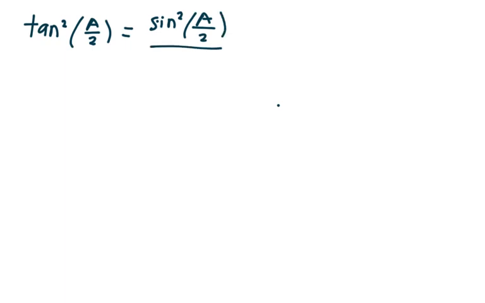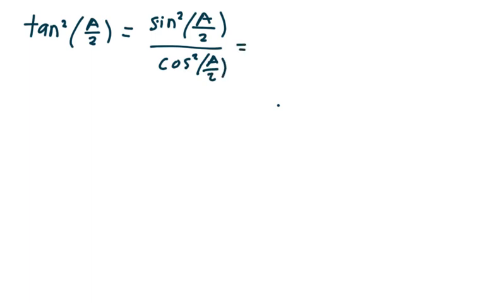And so over here, if I want tangent squared of A over 2, now we can go right away to this. So we're going to get a half-angle formula for tangent. So this is sine squared of A over 2 divided by cosine squared of A over 2.